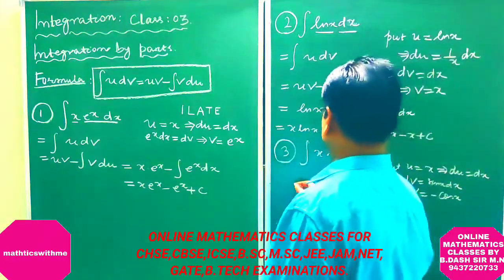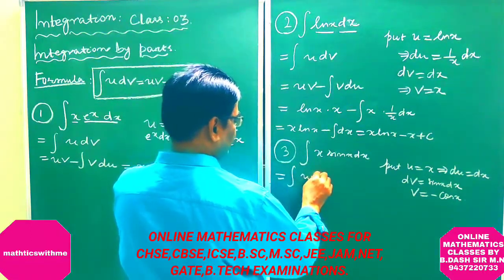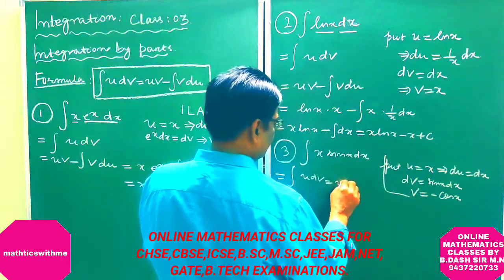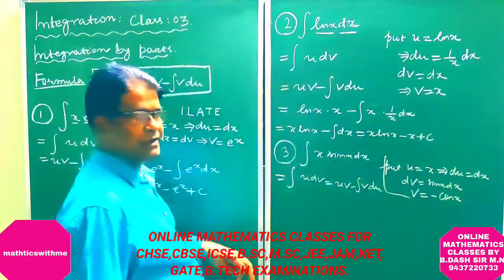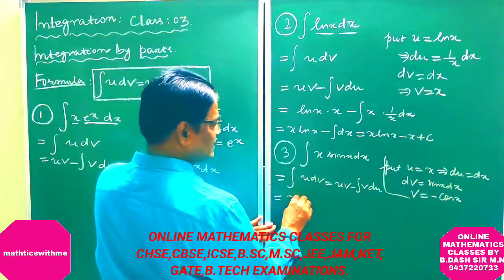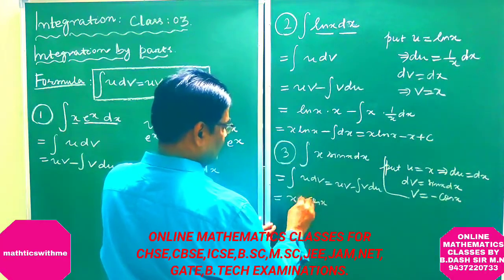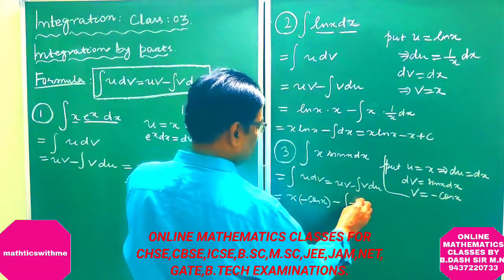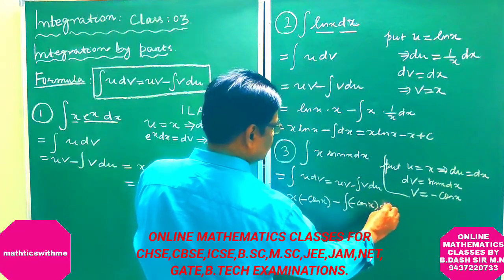So the problem which is given is equal to integration of u dv, which is equal to uv minus integration of v du. This is equal to, u is x, v is minus cos x, minus integration of v du. du is dx.